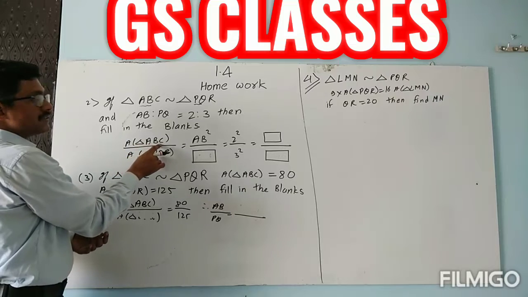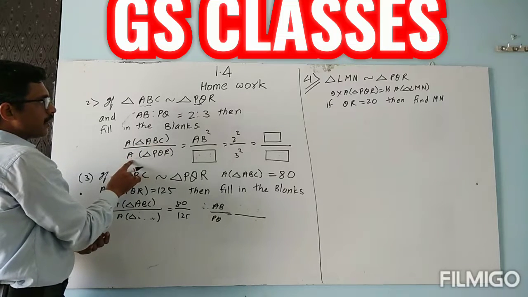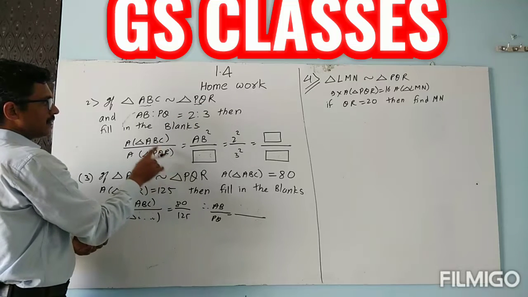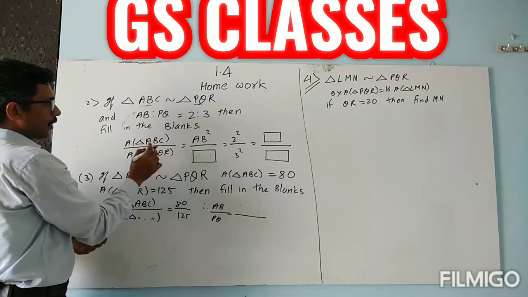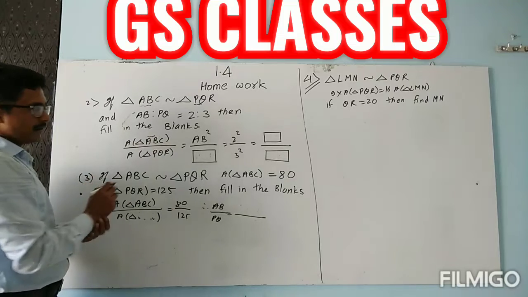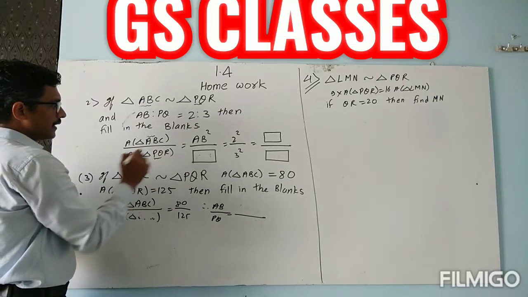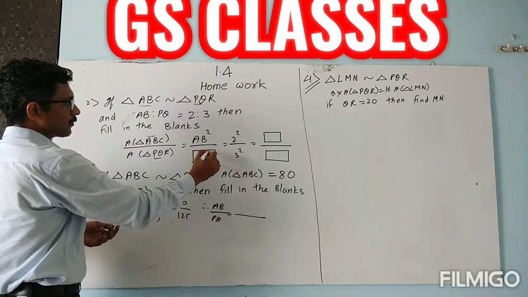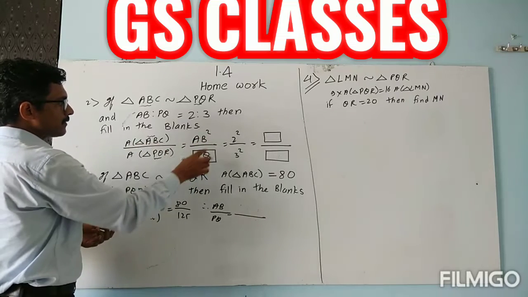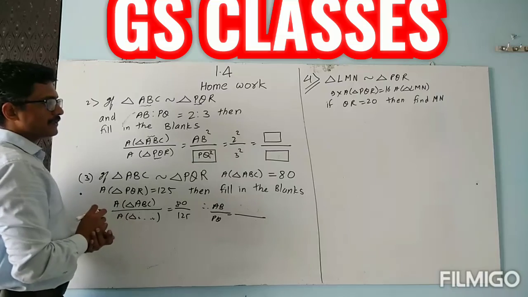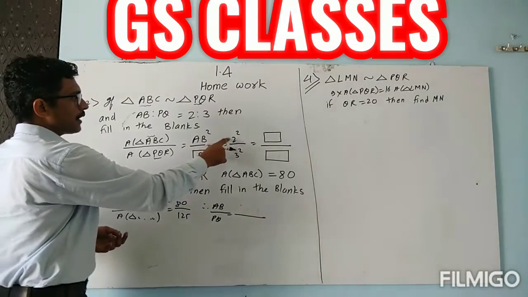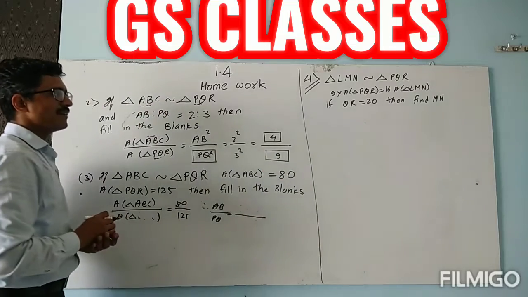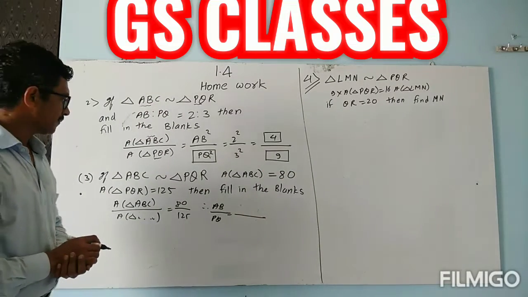Area of triangle ABC and area of triangle PQR is AB squared upon PQ squared. Now 2 squared is 4 and 3 squared is 9. So this was your first homework.